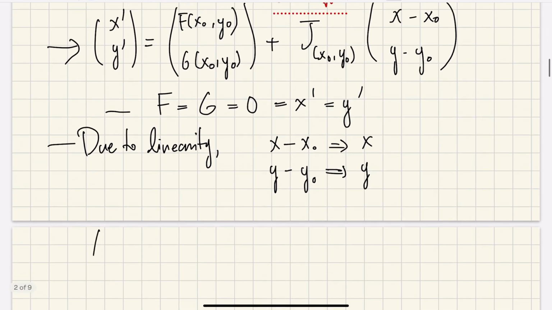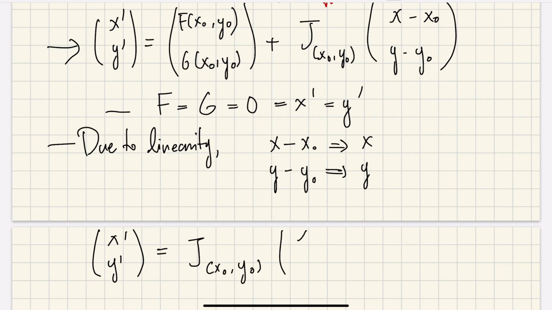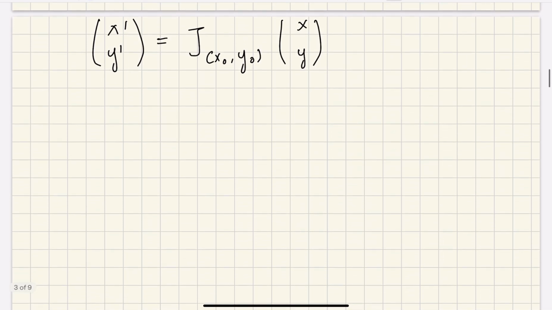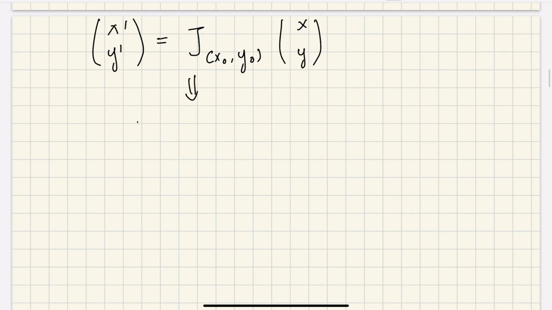Then we would write this as x prime, y prime is equal to J(xo, yo) times x, y. Or this is the same as x prime is equal to Jx. Now let's see how we can use this information to describe the behavior of trajectories of two populations.